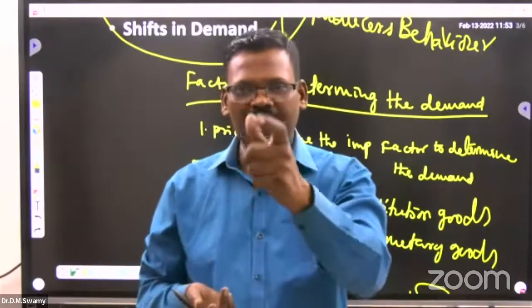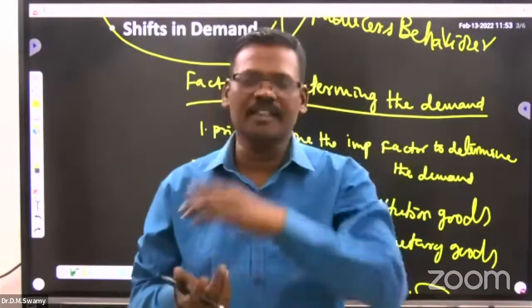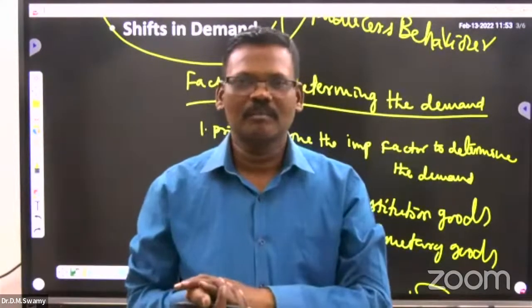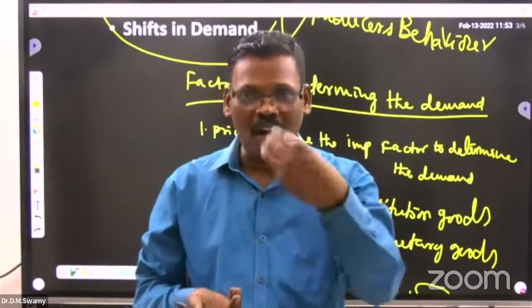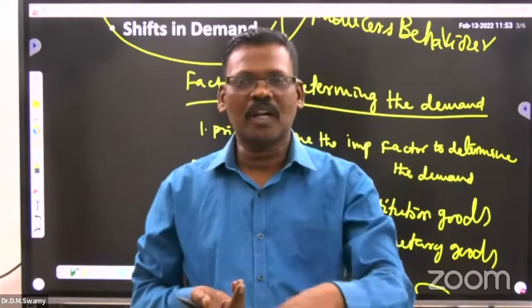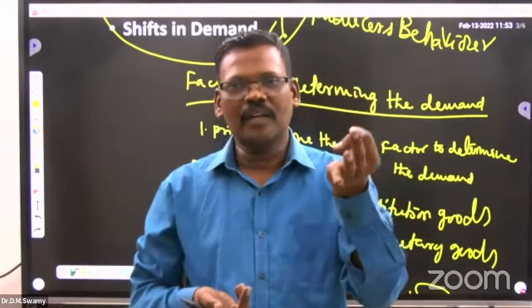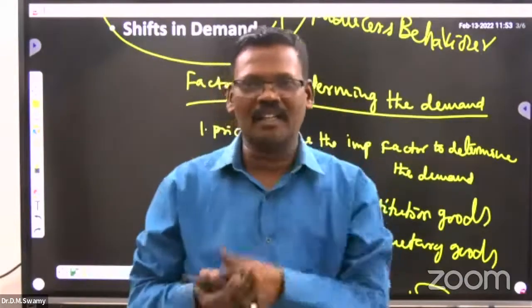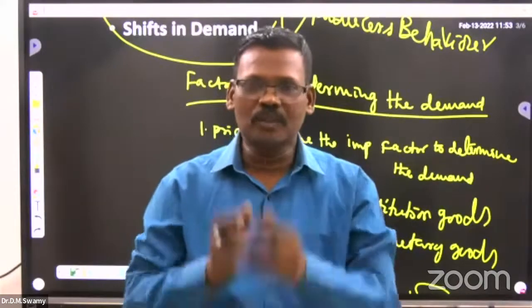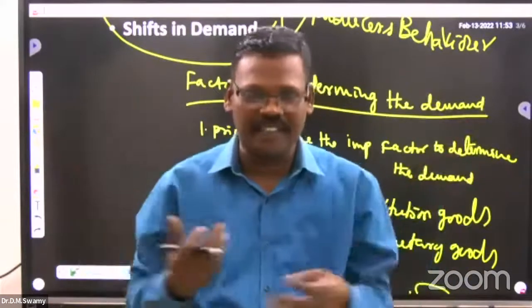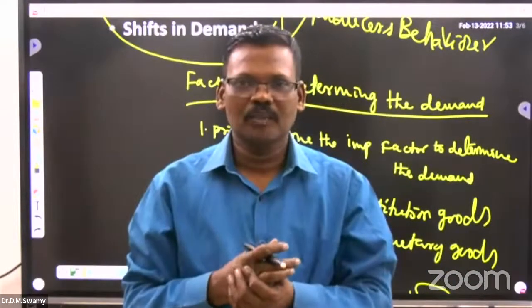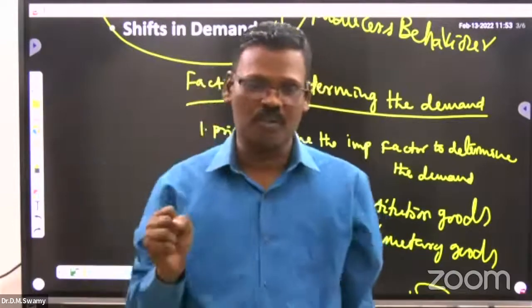If we want to wear chappals, two are important. If we want to have coffee, a combination of things like milk, coffee powder, and sugar are all required. With one commodity, we cannot satisfy our desires. These are called complementary goods.